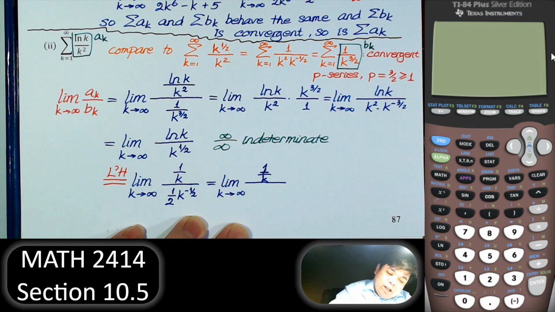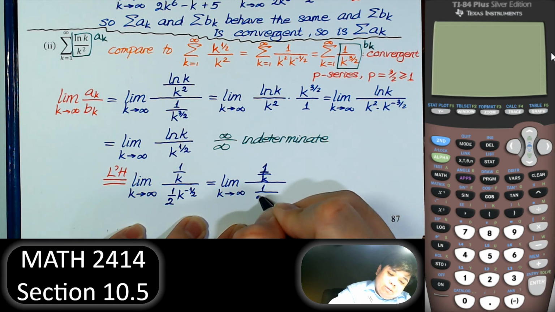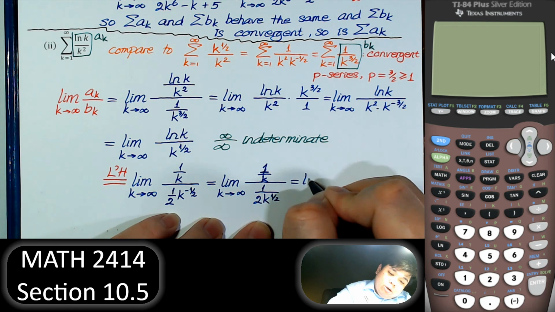So 1 over k, and the k to the negative 1/2, move to the bottom. And multiply by the reciprocal.